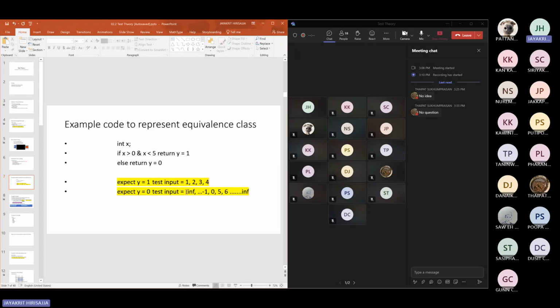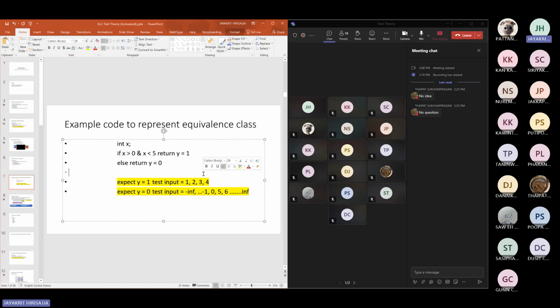So if we test from -infinity to -1 and 0, and then 5, 6, 7, 8, this will give the output to be 0. So this is a simple idea of identifying the equivalent class.